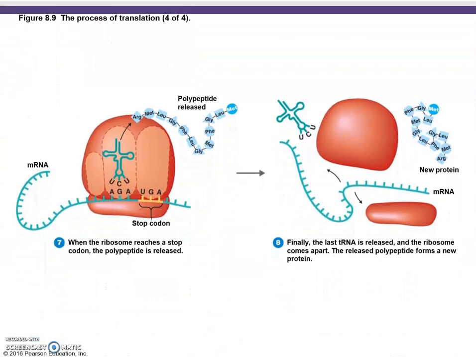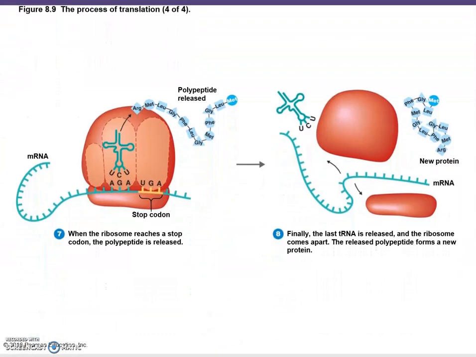So once we hit a stop codon, there's no tRNA with a matching anticodon that would carry an amino acid. So we now are reaching the end of our translation, and the ribosome will then release this polypeptide chain and discharge all of the tRNAs that have delivered their amino acids.